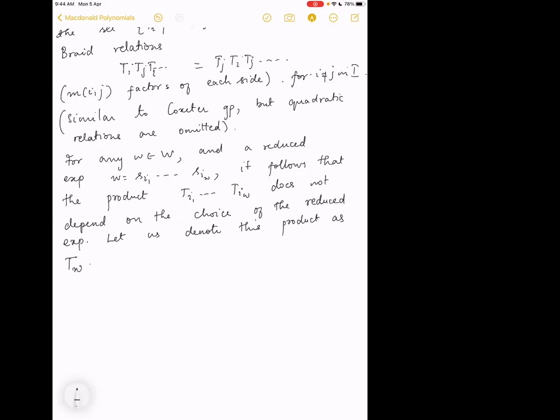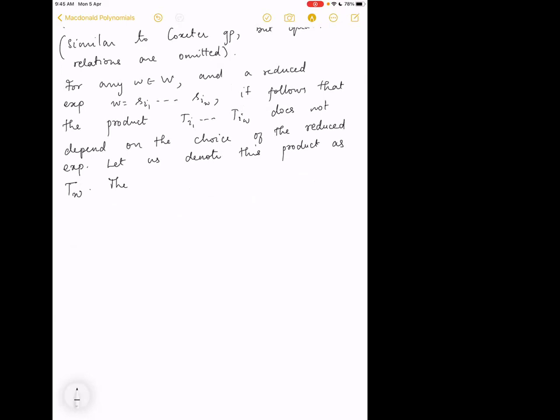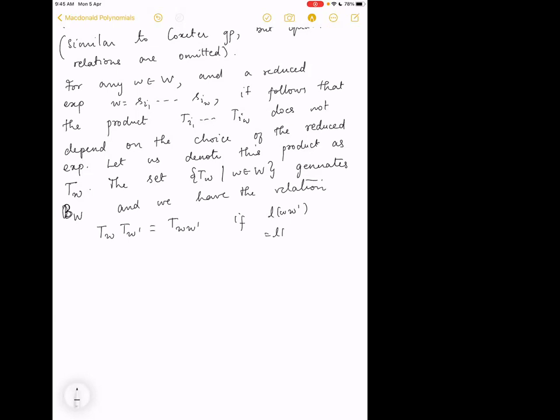Then the set T_w, w in W, generates the braid group B_W, and we have the relation T_w times T_w' is T_ww' if the length of ww' equals the length of w plus the length of w'.